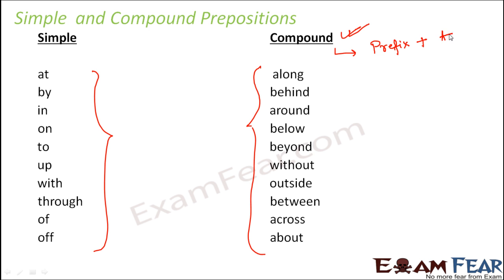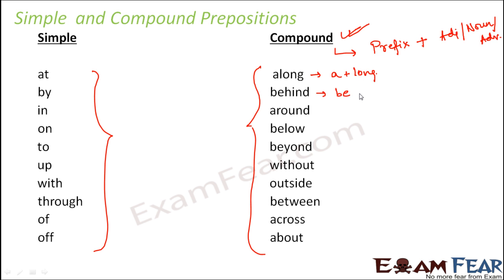This existing word could be an adjective, a noun, or an adverb. For example, along is a plus long. Long is an adjective, so a is added as a prefix before long, and along is a compound preposition.